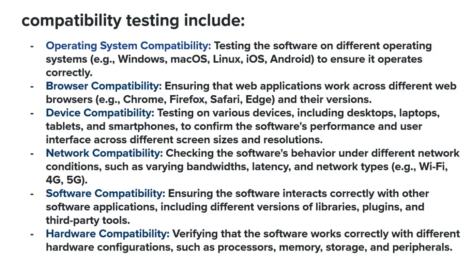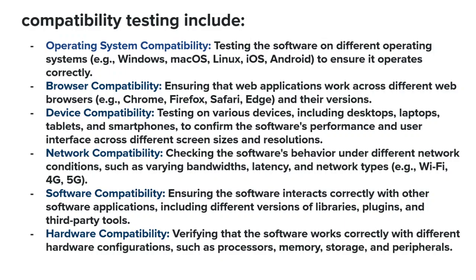But just testing on one Android device or one iOS device is not sufficient, because there are a number of versions in Android, different versions in iOS, and different screen sizes available in the devices. So we should verify on different devices as well, on smartphones, on tablets, etc. That comes under device compatibility related testing.